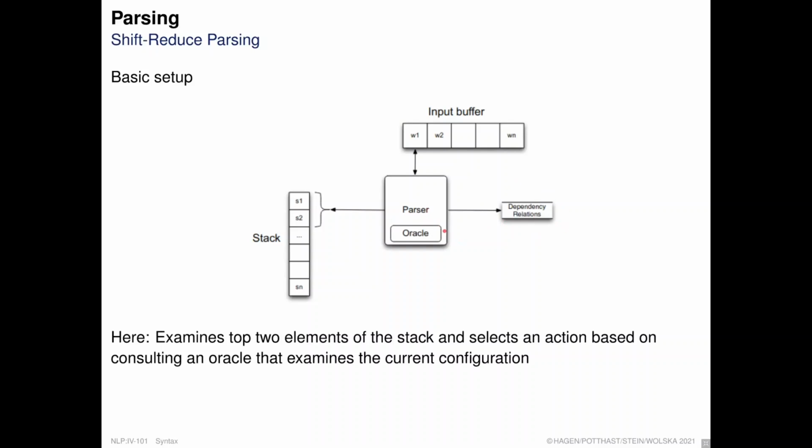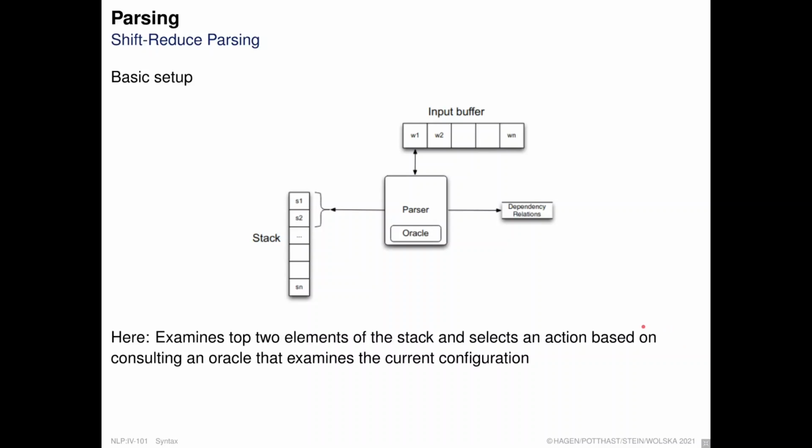And this parser will be making decisions about what to do with these dependency relations. And this approach that we'll talk about here typically looks at the first two elements in the stack, and we select an action from a set of actions.